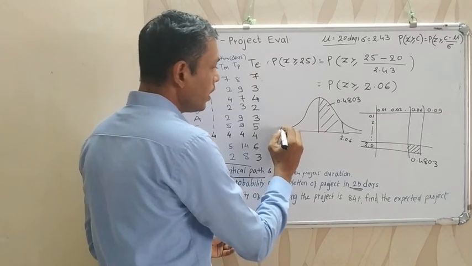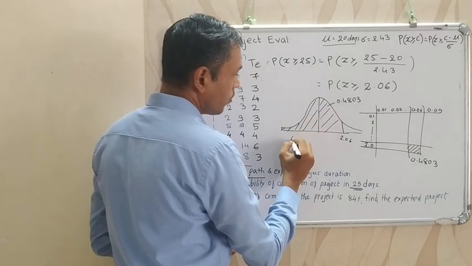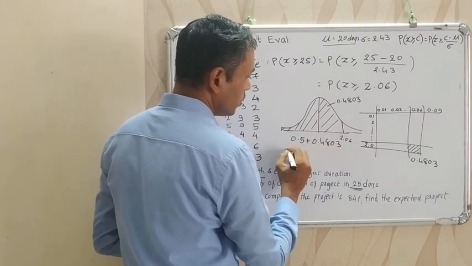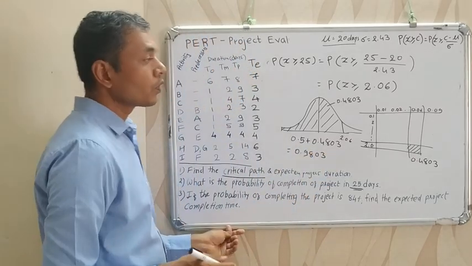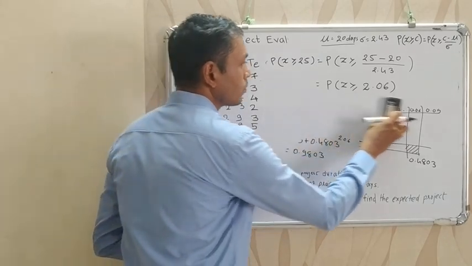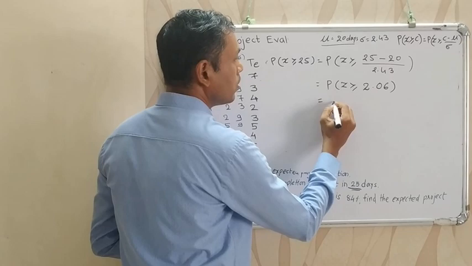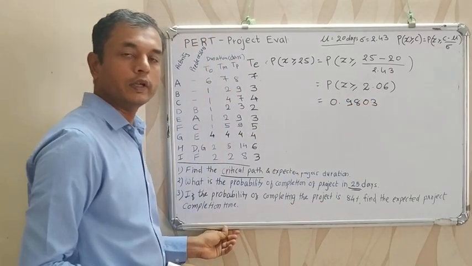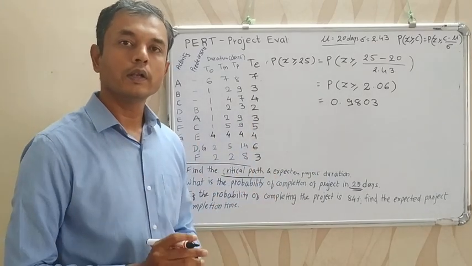So the total area up to 2.06 is 0.5 plus 0.4803, that is 0.9803. So here the answer is 0.9803. You will find this table at the end of your book.